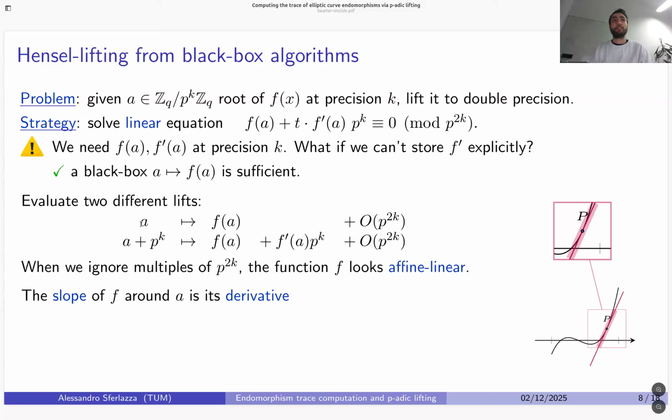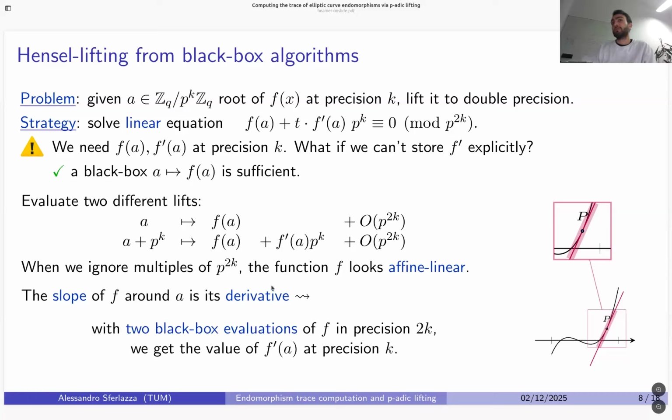So evaluating at two convenient points that are close to each other in p-adic topology makes the function look affine linear. So given two points, we can compute the slope, that is the derivative of a function. And for that, we just need two black box evaluations in high precision.